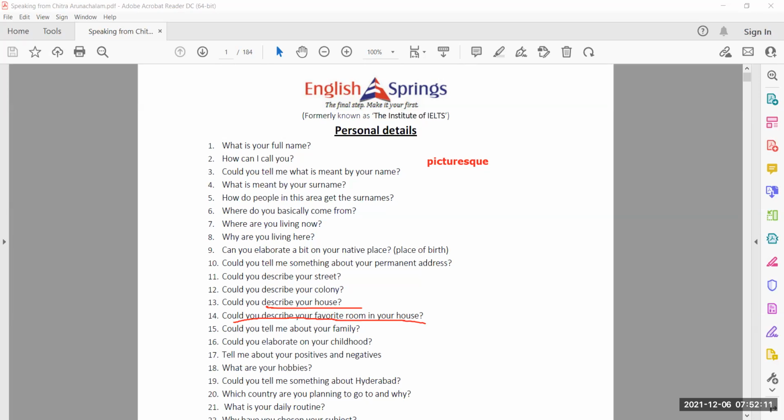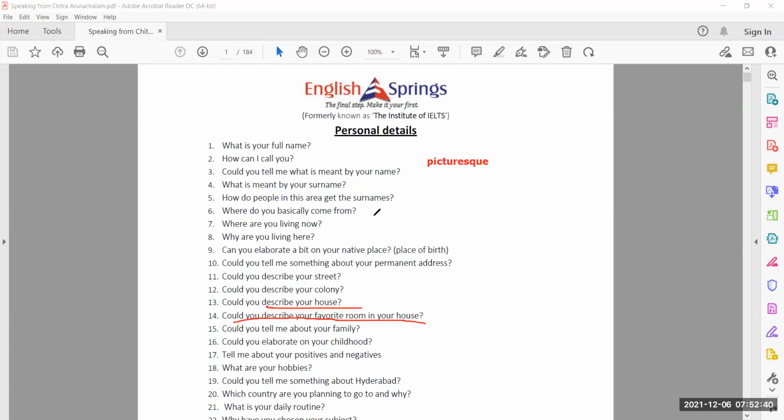Yes, Saranya, please go ahead. Yeah, I'll give it a try, Chitra. My house is quite large with 3 bedrooms, and it is very comfortable in terms of transportation and everything.